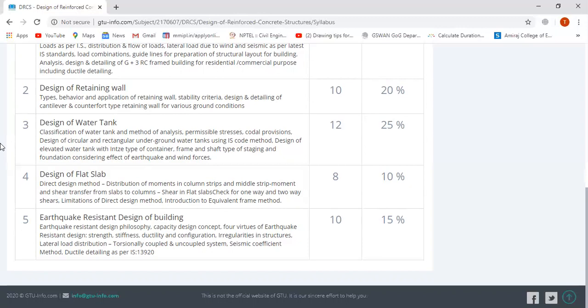As I already mentioned above, ductile detailing is very important in each and every building. But when we talk about earthquake resistant design, then ductile detailing is not just necessary but compulsory.